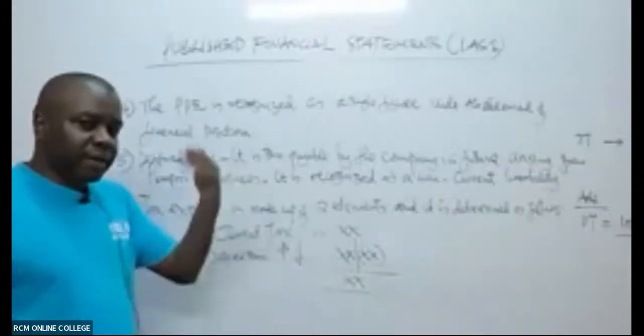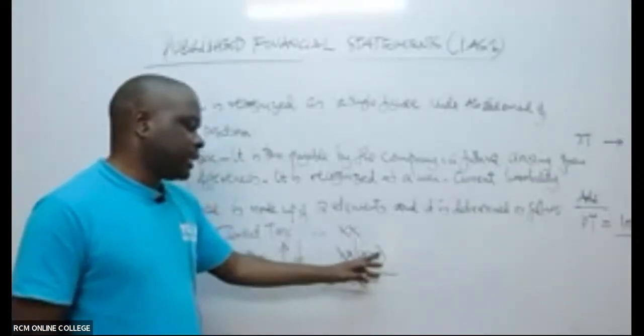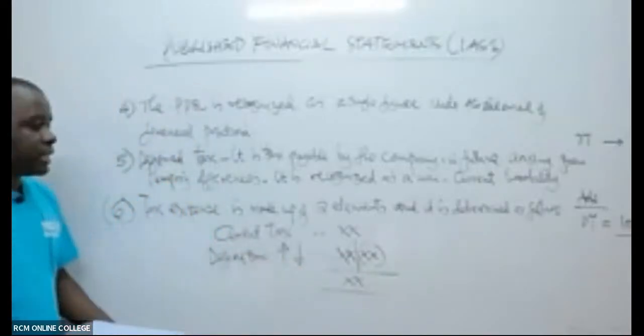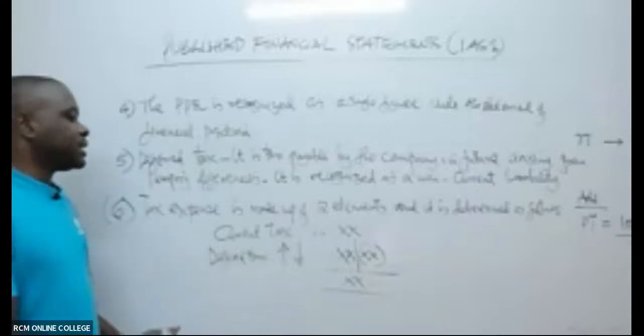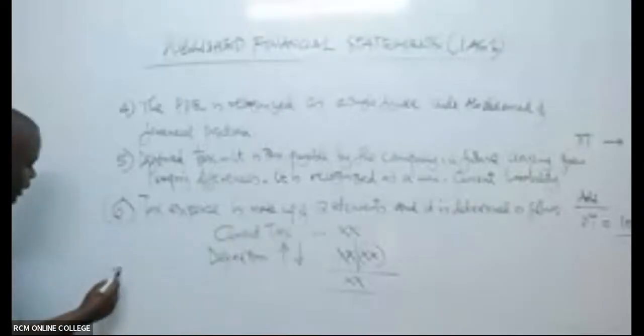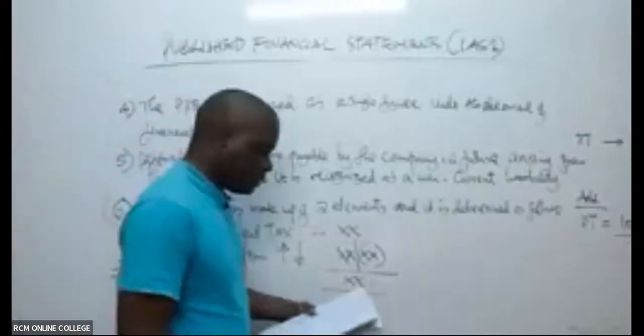So they are no longer having to claim from them. So you reduce the tax expense. That is basically how you determine the tax expense when preparing the published financial statements. Then another item that is of so much importance.